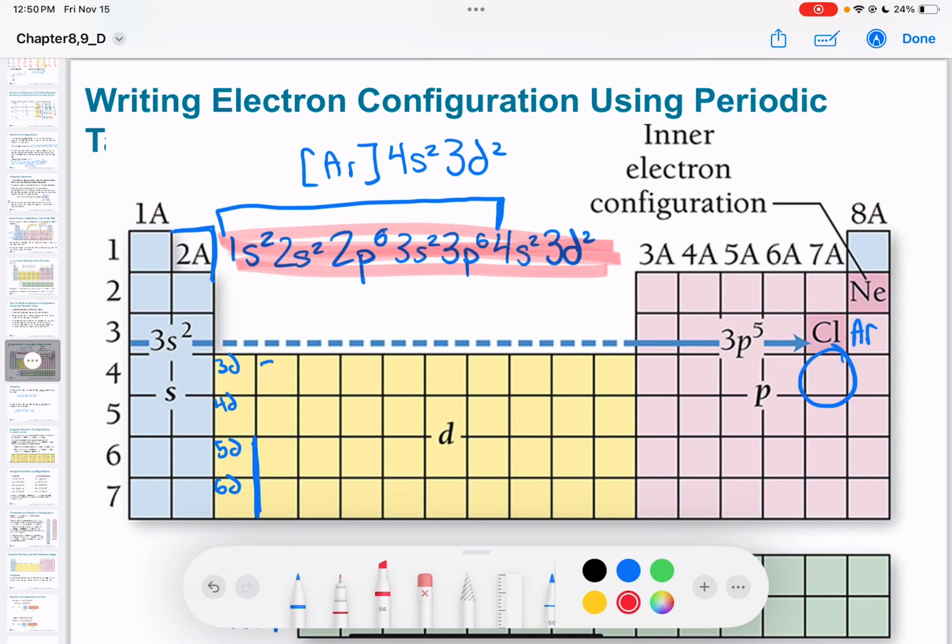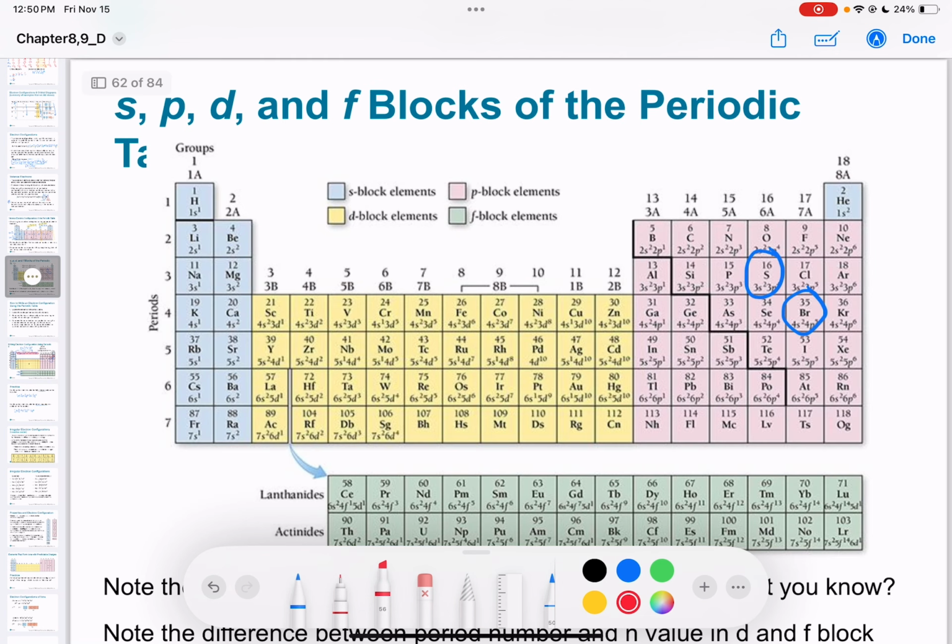So starting with argon, next row, 4s2, we have to completely fill in those 3Ds. That's where all those extra electrons come from. If you look at the number of electrons in fluorine, chlorine, and bromine, fluorine to chlorine goes up by 8 electrons, but then chlorine to bromine goes up by 18.